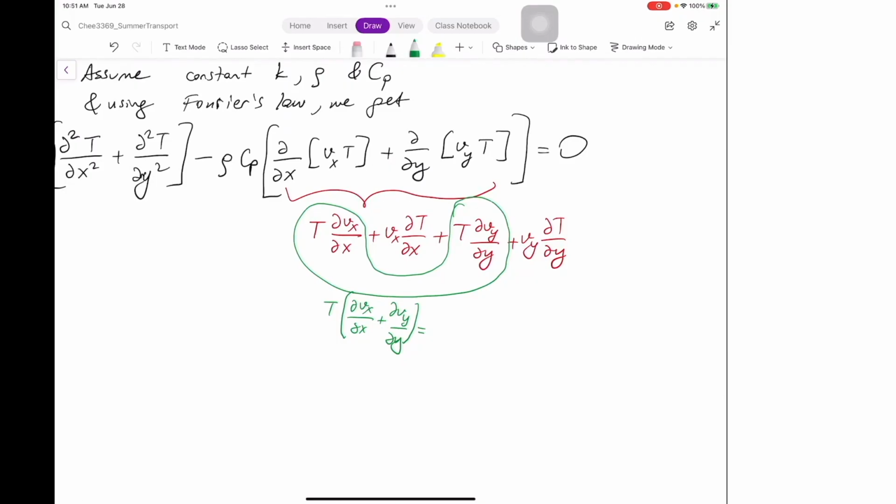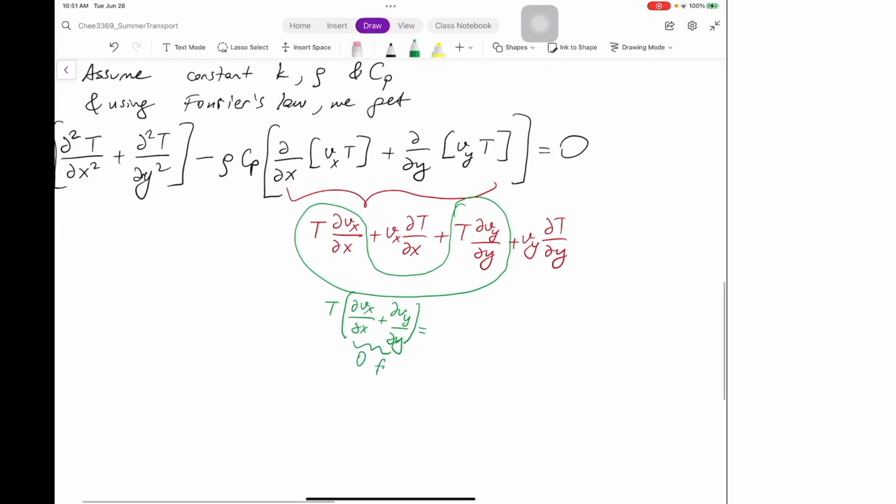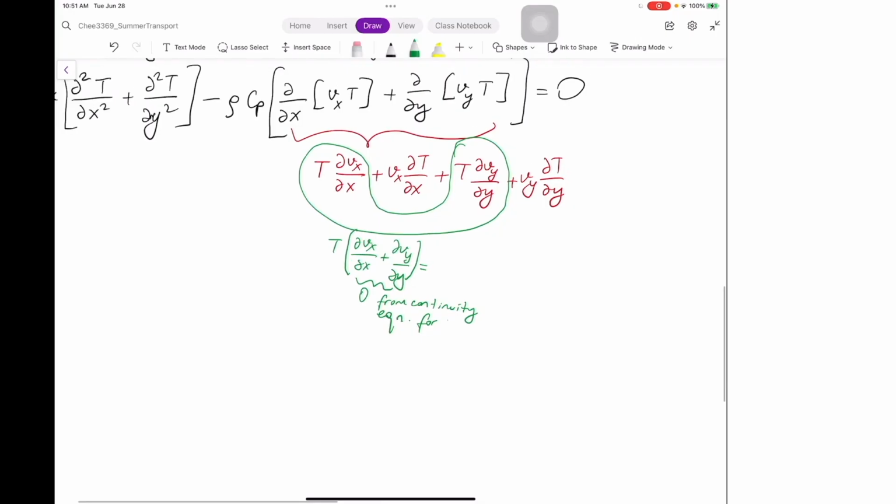From continuity equation for incompressible fluids, this thing must be 0. And then we get 0 here, so you can simplify this as this plus this.